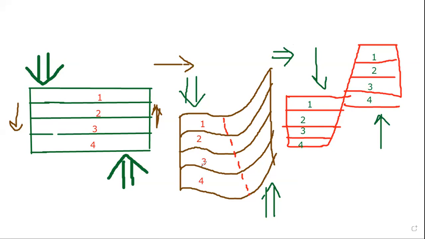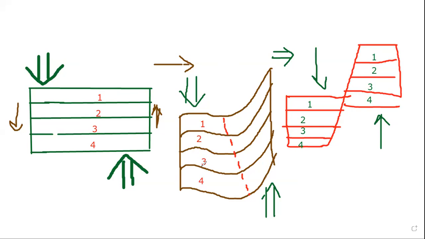So this phenomenon is considered as faulting. When pressure is applied at both the ends in opposite directions, first the rocks are converted into a fold-like structure, and if the forces are still acting, one fracture will be developed vertically in these horizontal rocks, and this one horizontal series is converted into two separate blocks.